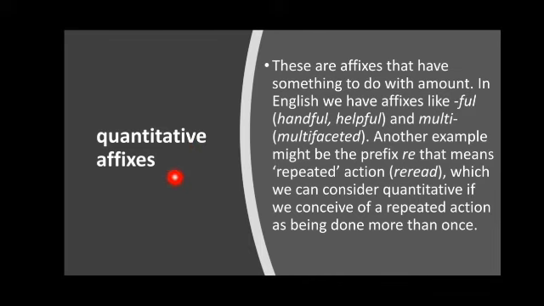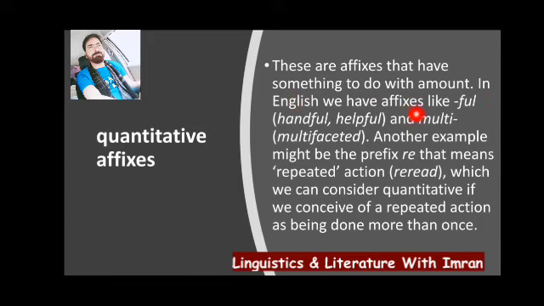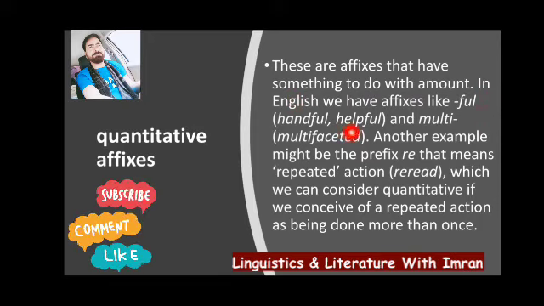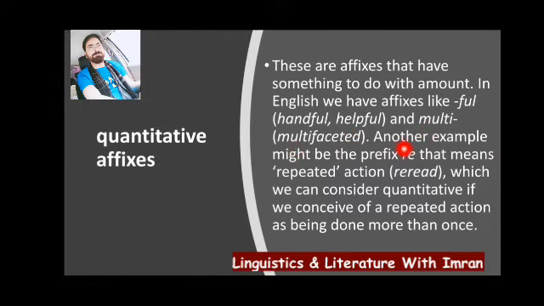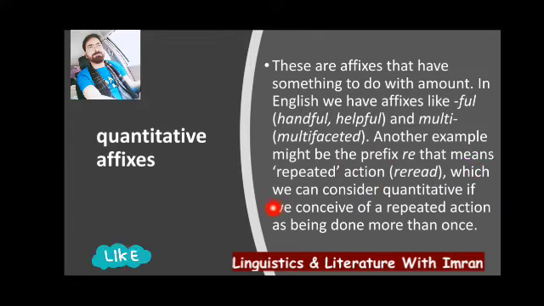Quantitative affixes. There are affixes that have something to do with amount. In English, we have affixes like -ful, as in handful and helpful, and multi-, like multifaceted. Another example might be the prefix re-, which means repeated action, as in reread, which can be considered quantitative if we conceive of a repeated action as being done more than once.